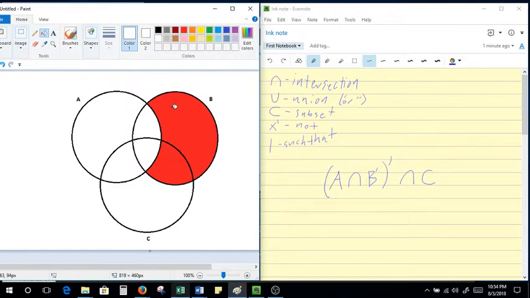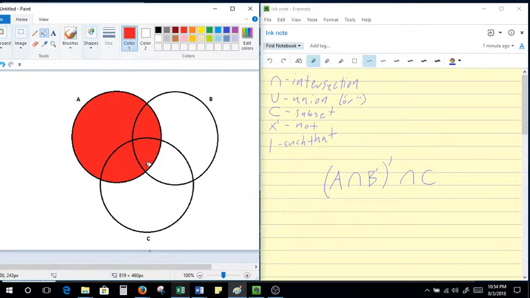We'll see if we can get this one done. A, so these values, where they intersect with not B. So not B would be here. So this is where A intersects not B. So this part is done.